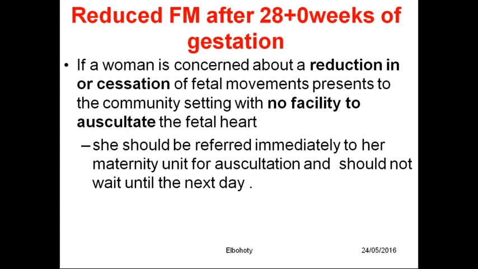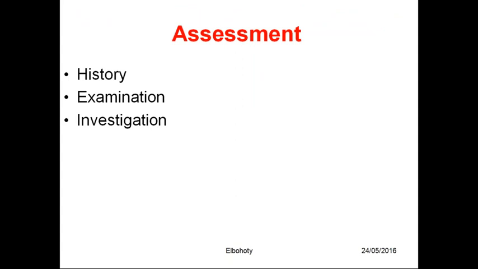Most women will not go directly to a hospital or a facility with ultrasound. So if a woman is concerned about reduction in fetal movement and presents to the community setting, which is the most common presentation, with no facility to auscultate by handheld Doppler, she should be referred immediately to her maternity unit for auscultation and should not wait until the next day.